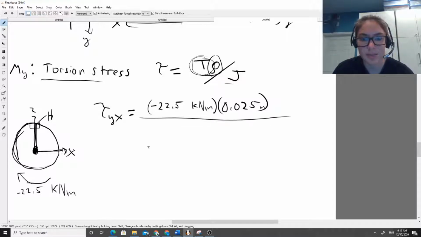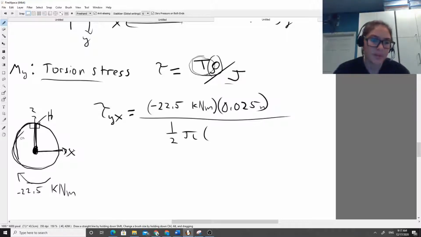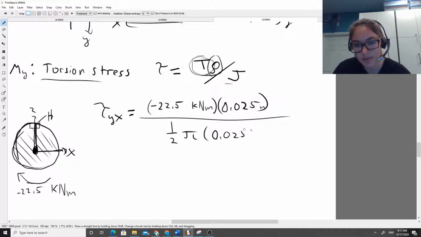Divided by our polar moment of inertia, which is 1/2 pi r to the fourth for the circle, so 0.025 to the fourth. Again, if you don't know, this is slightly different. If we're talking about our moment of inertia, this would be 1/4 pi r to the fourth. This is our polar moment of inertia, so this is 1/2 pi r to the fourth. It's a very slight difference. And again, you can look this up in the textbook.